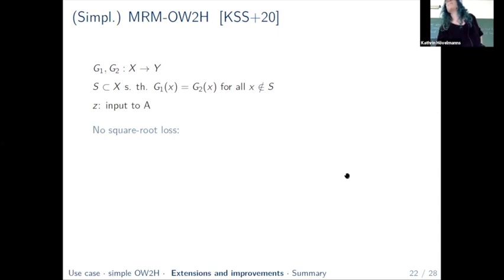The extractor for original one-way-to-hiding and for semi-classical one-way-to-hiding just uses one of those two oracles. Yeah, but it can use any of those. Yes. Here you said it uses both of them. But is there a difference between the proof using both oracles at once? Like in what scenarios will it be difficult to simulate both oracles at once?